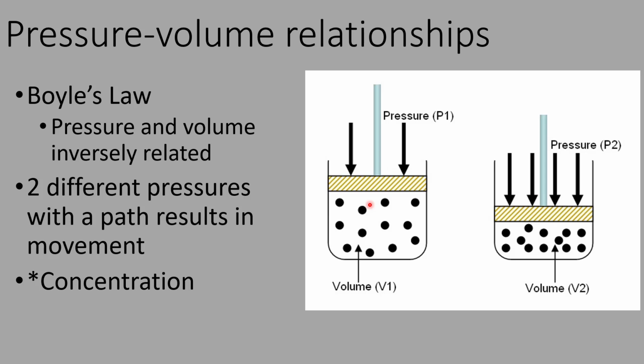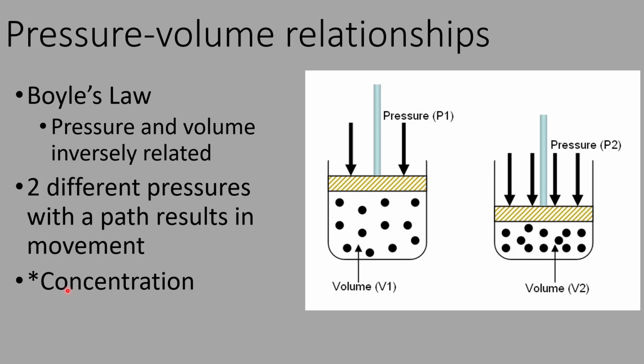The importance of learning the pressure-volume relationship in this chapter is because of the next part. When there are two different pressures and an available pathway, the result is movement. Because, as we saw in the not really attendance questions, when there was a concentration gradient, when there was greater concentration of something in one area than the other, everything liked to move down its concentration gradient.